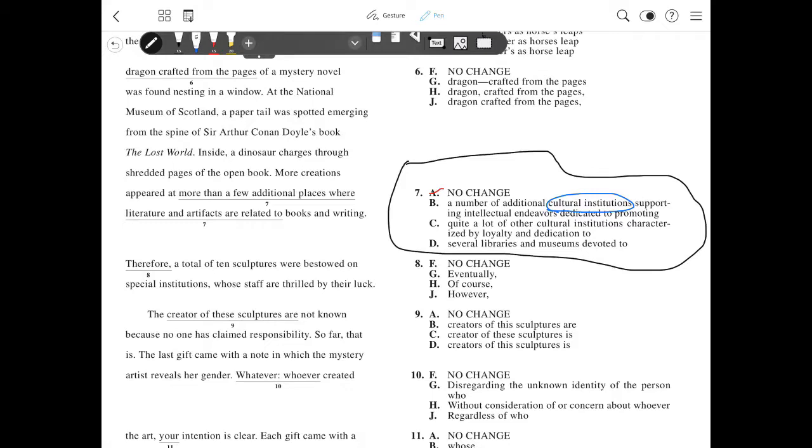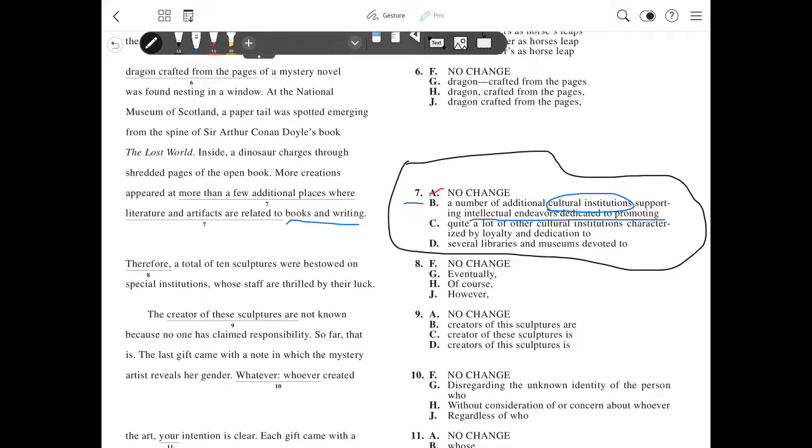And when they say supporting intellectual endeavors dedicated to promoting books and writing, that just sounds very awkward. It's not completely wrong. We'll keep that open as an option. It's a little word heavy, but we'll see if we have more coherent options. Again, we're looking for the most coherent and clear option, and we're going to keep looking in case there is a better answer.